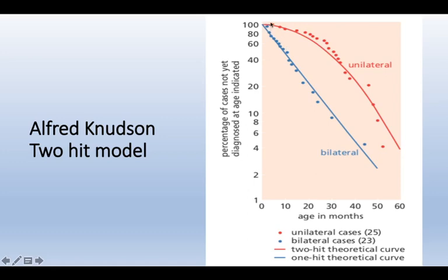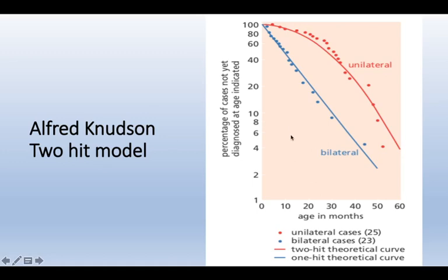While in unilateral retinoblastoma, not one hit but two hits are required, and there is a gradual increase in the age. This gives the notion that two hits are required on the same RB gene, involving both alleles, to start unilateral sporadic retinoblastoma. That's what the Alfred Knudson two-hit model concludes.